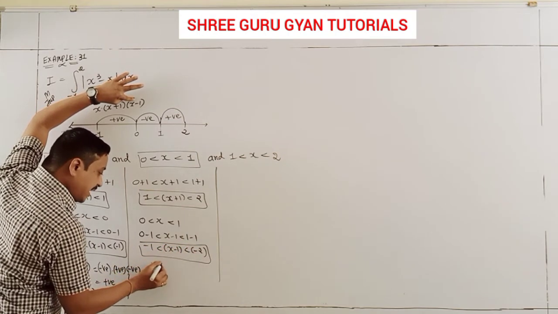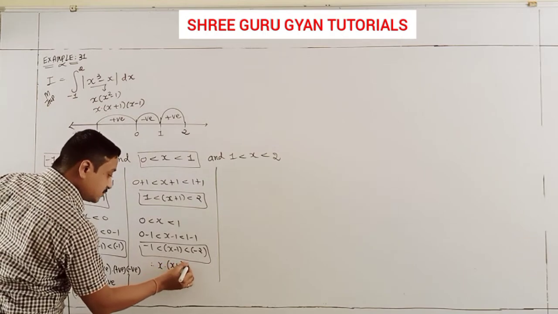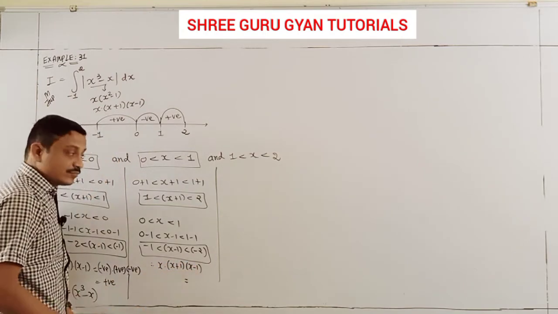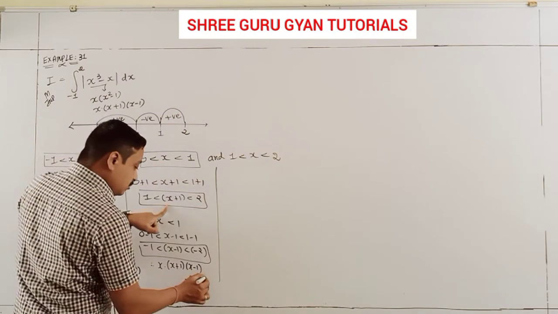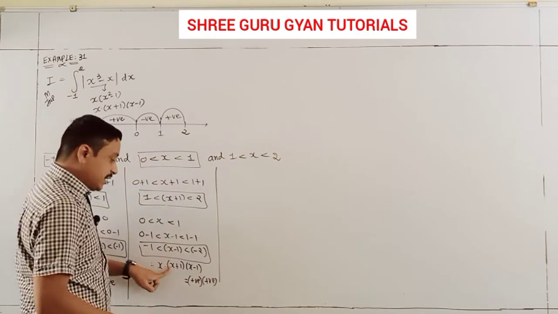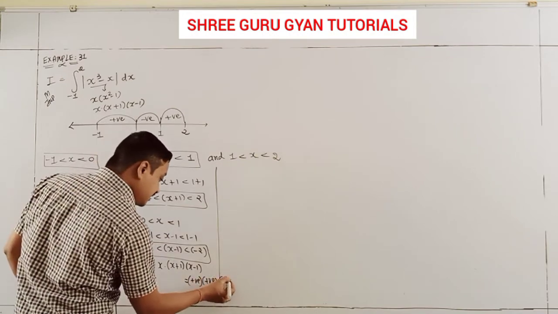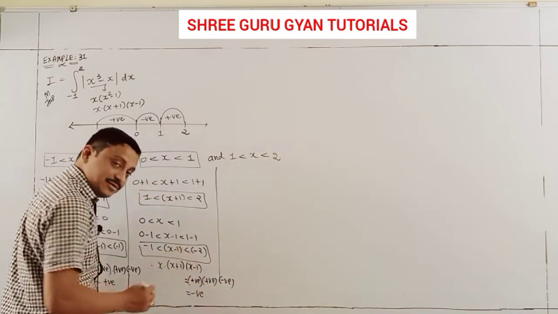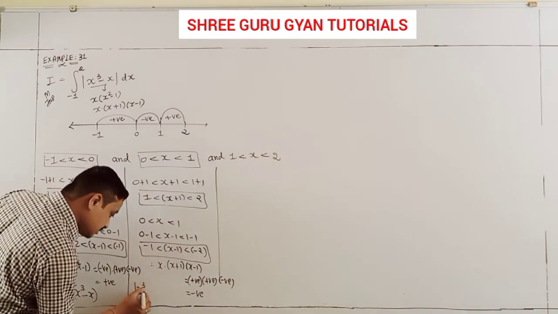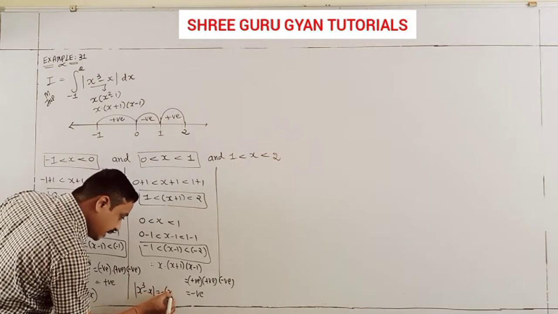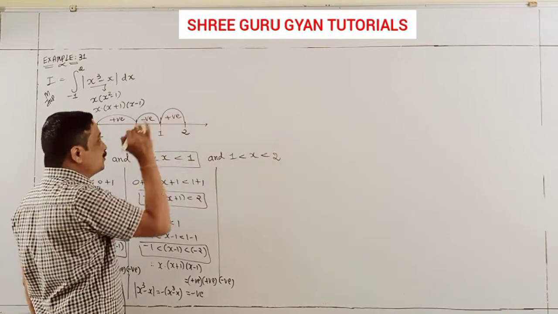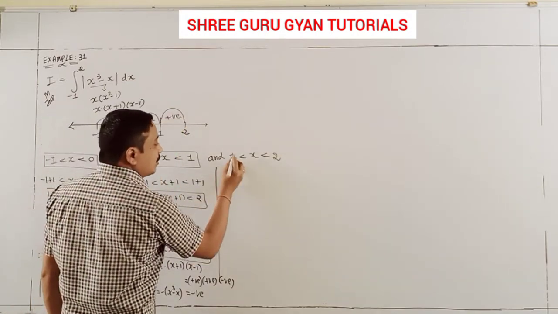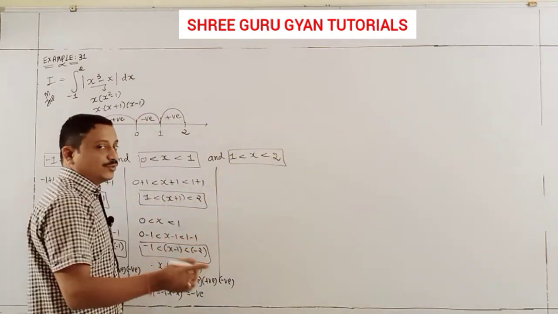It means x is positive, x plus 1 is positive, x minus 1 is negative. Total negative. It means modulus, you can get the minus answer in this solution. And the third one is also positive coming. Check 1 to 2, positive number.